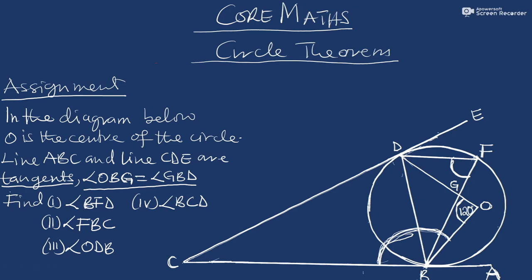So angle GBD plus angle OBG will be equal to angle DBO. So when we get the value of angle OBD and divide it by 2, we'll get angle OBG.